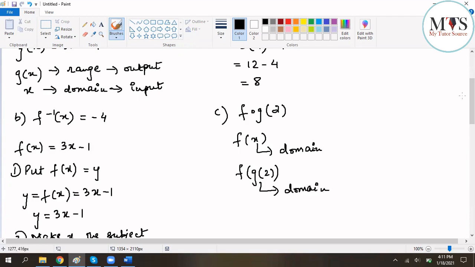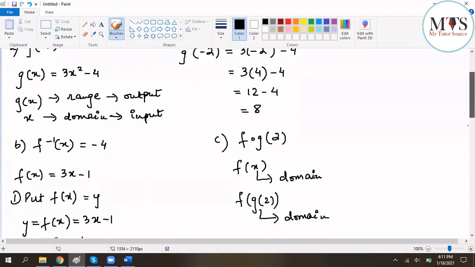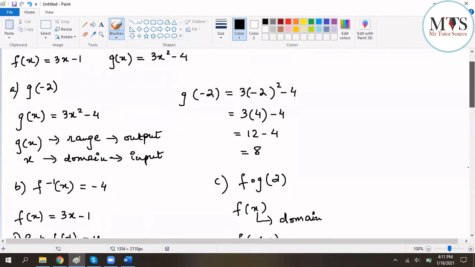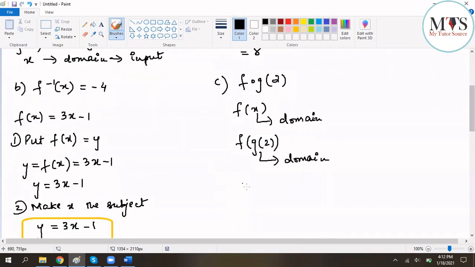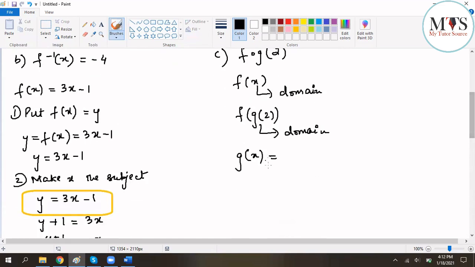Okay. So first what we do is we replace the x in g of x with your domain, which is 2. So we do g of 2 equals 3 times 2 whole squared minus 4, which will equal 8 again, right?